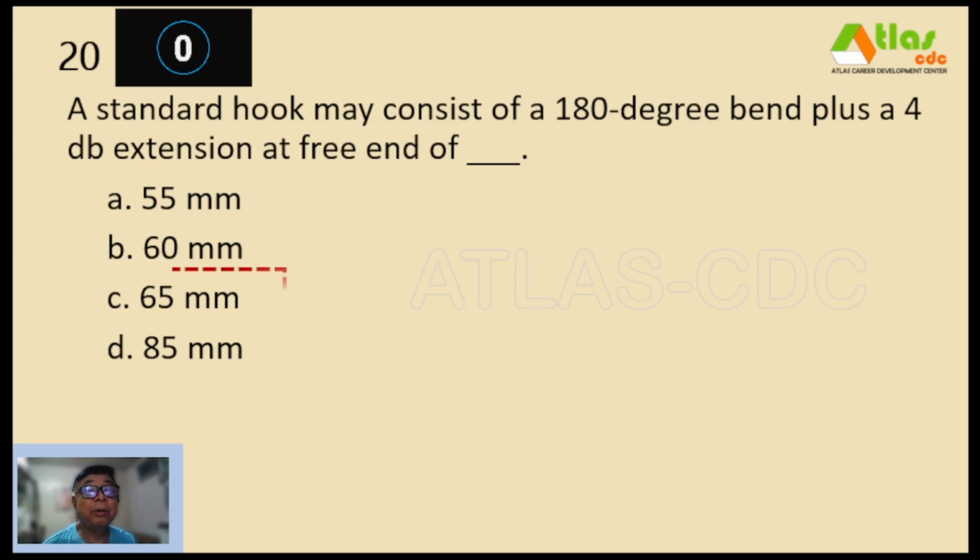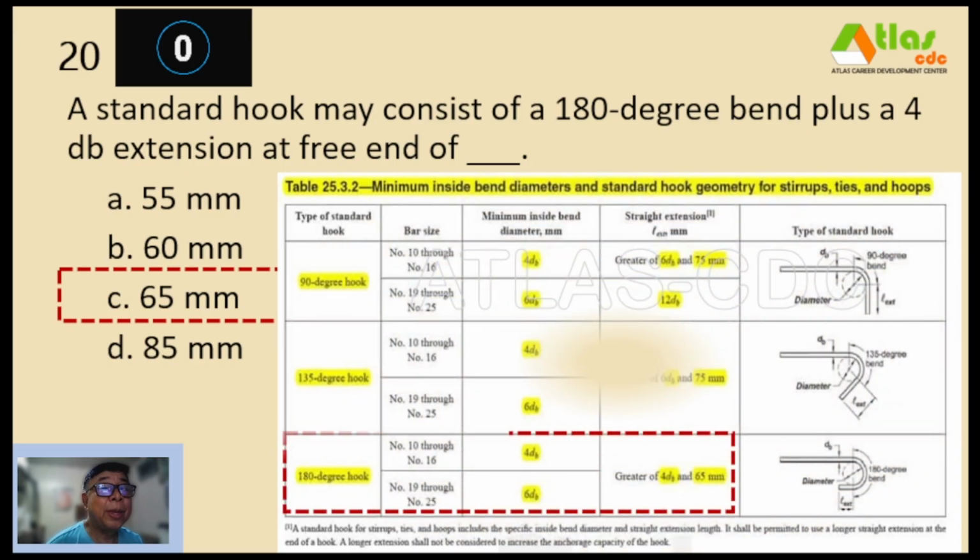And our correct answer is letter C, 65 mm. So this is for a 180-degree hook for number 10 through number 16 or number 19 through number 25 bar size. The extension is greater of 4D and 65 mm.